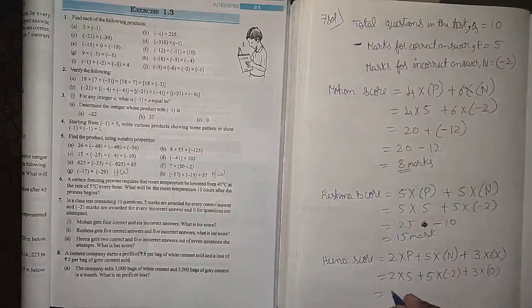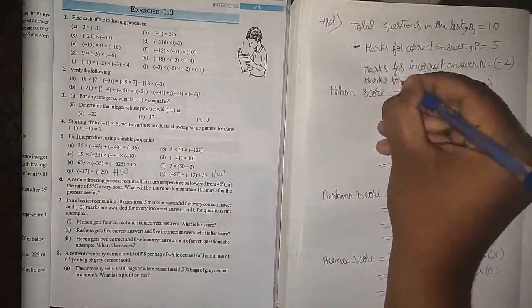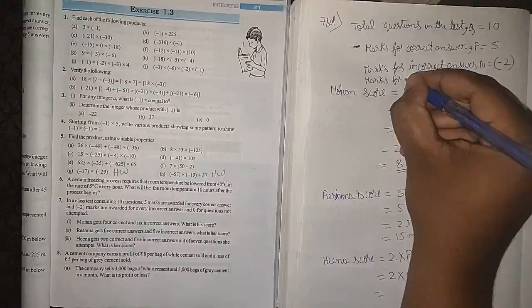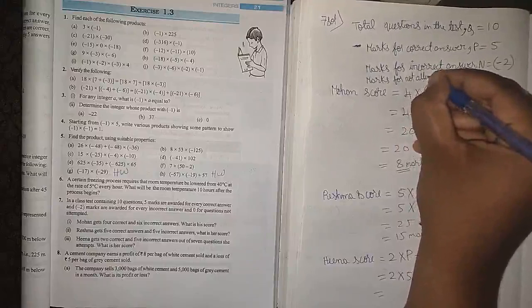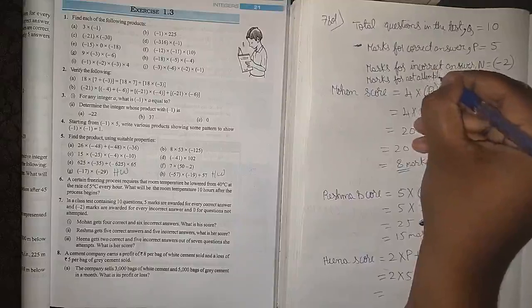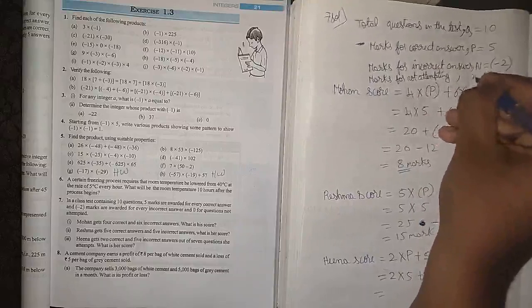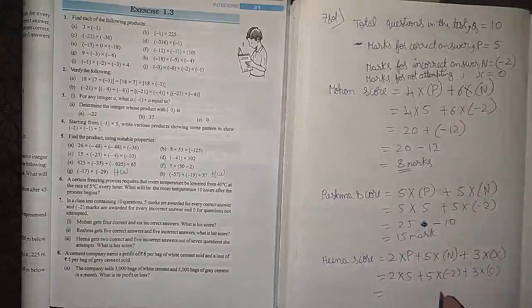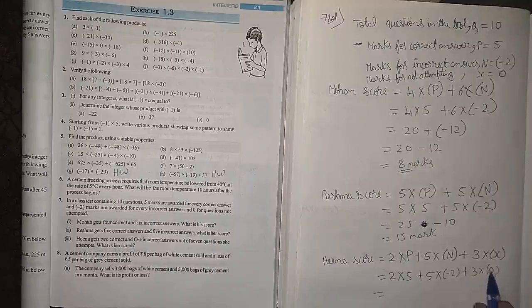Write down here, marks for not attempting, let us take it as X, will be equal to 0. So 3 questions she is not attempting, 0 marks.